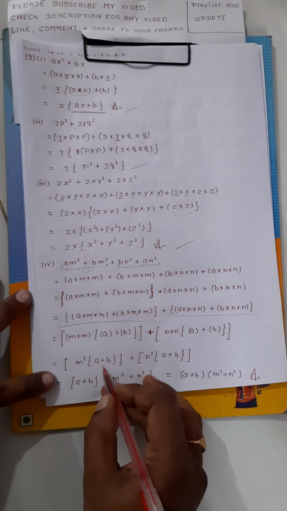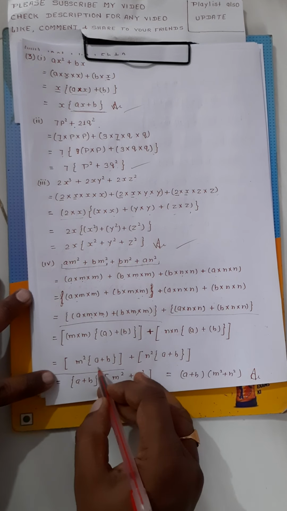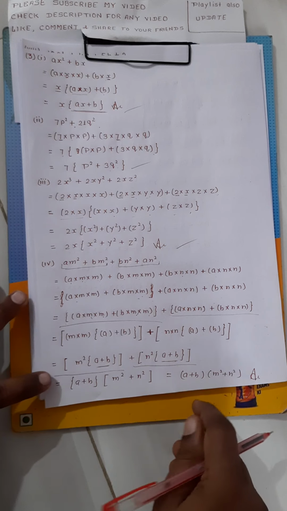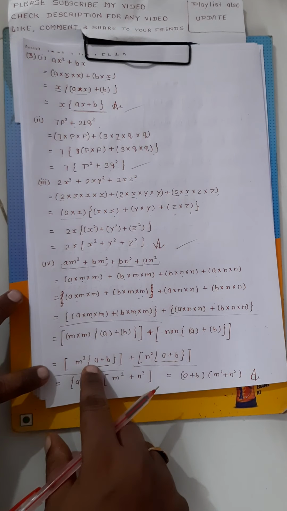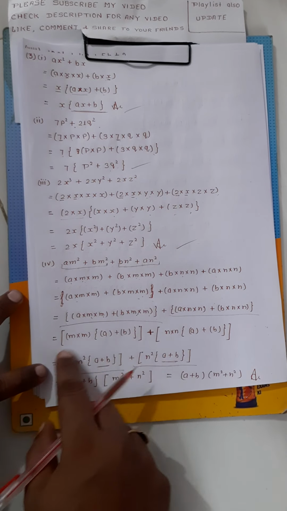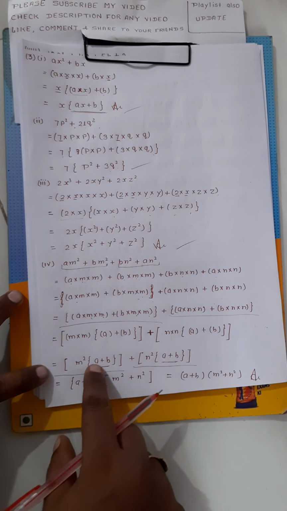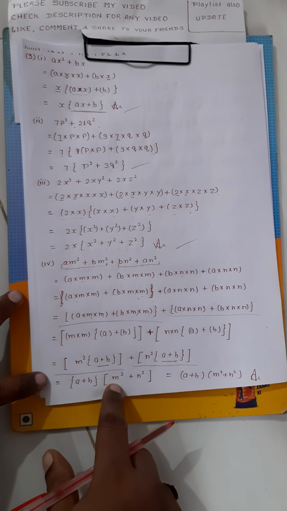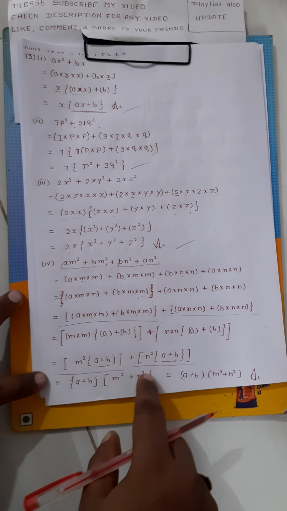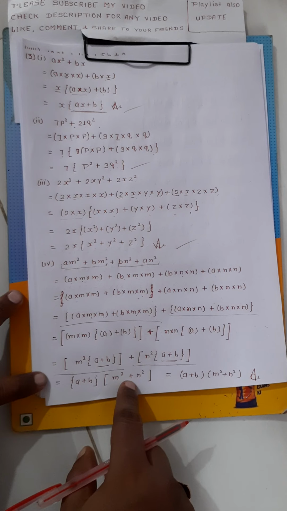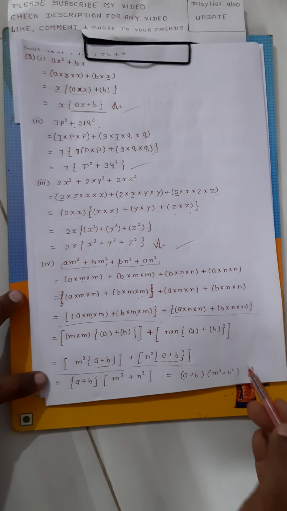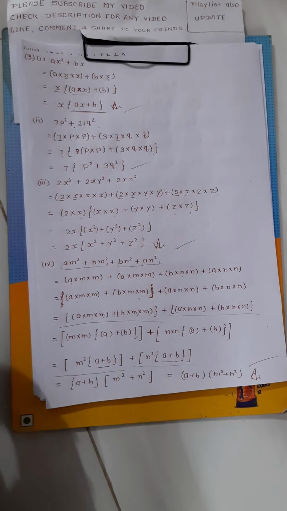So what we see here: in this term a plus b is here, and in this term also a plus b is here, so we can take out a plus b from both terms. Now m² will be left here and n² will be left here, with the plus sign in its own place. So our value becomes (a plus b) into (m² plus n²). Okay, question number 4 completed.